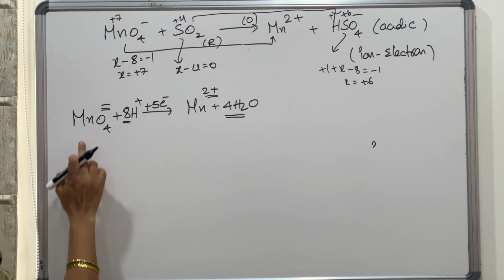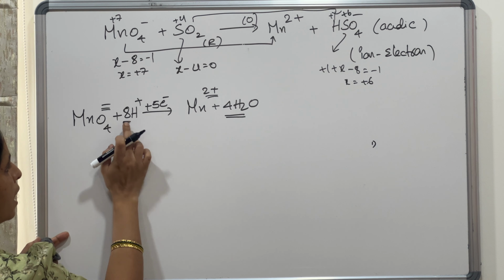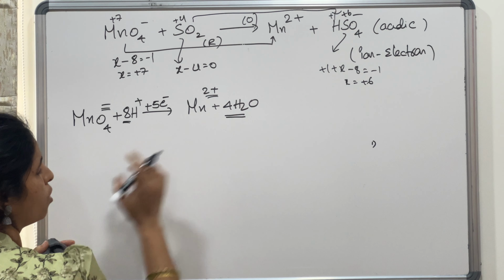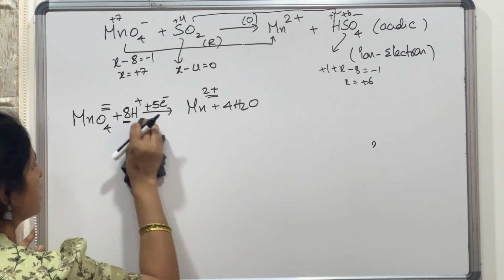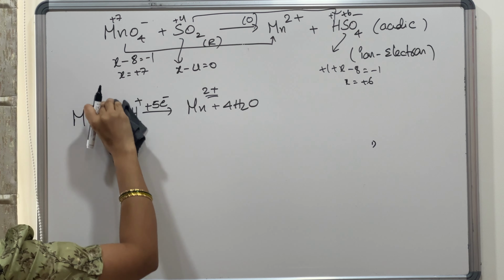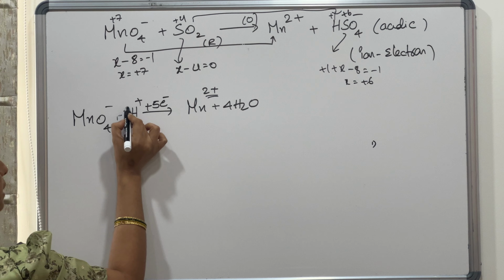So here Mn and 4 oxygens this side, 4 oxygens this side, 8 hydrogens. MnO4 minus, 8H plus.